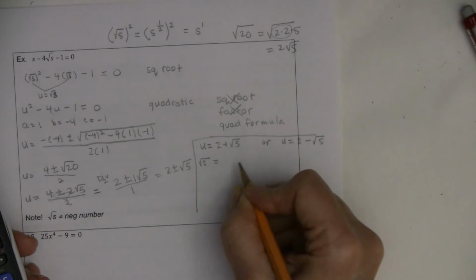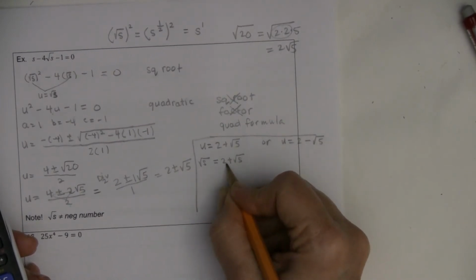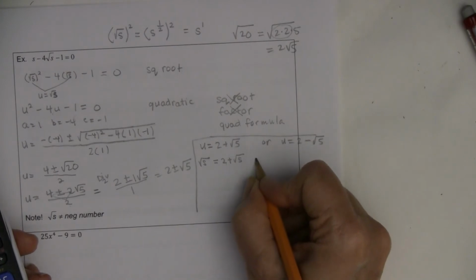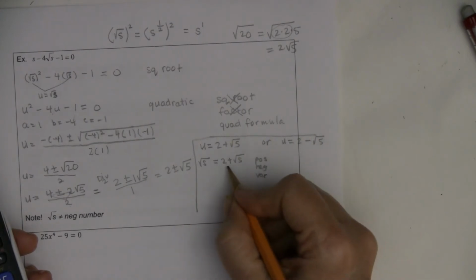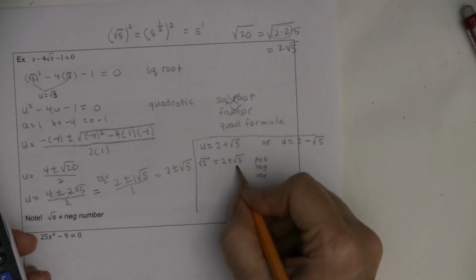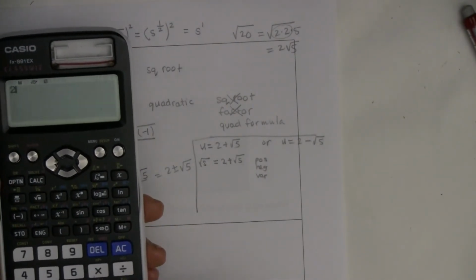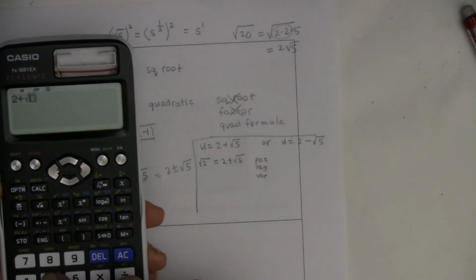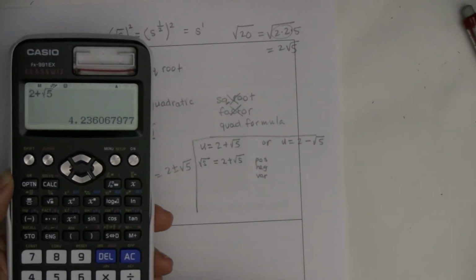And remember, whenever you solve a square root problem, you have to pause and make sure, is this side over here positive, is it negative, or is it a variable? And so over here, this is not a variable. 2 plus the square root of 5 is a positive number.